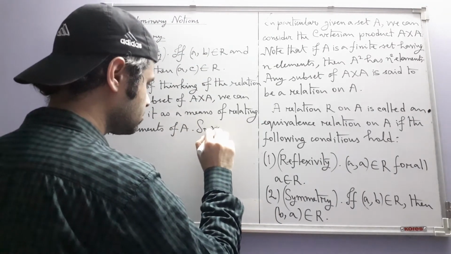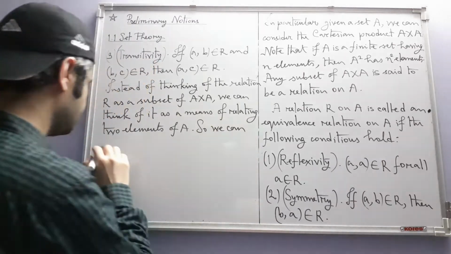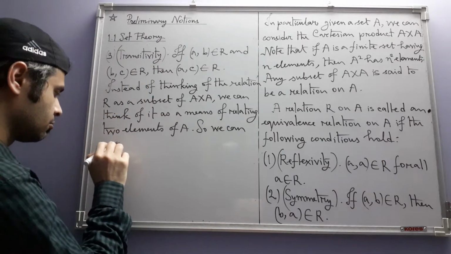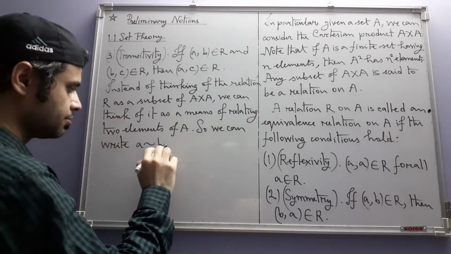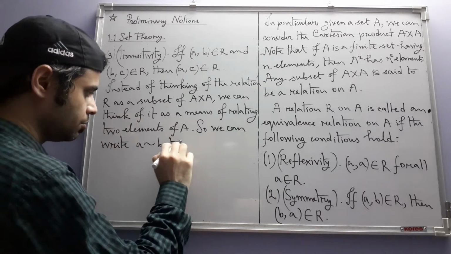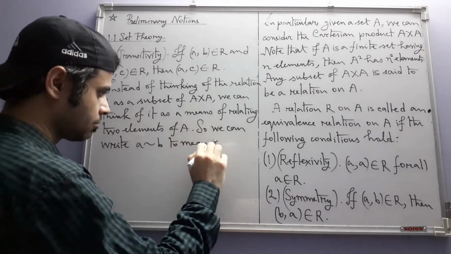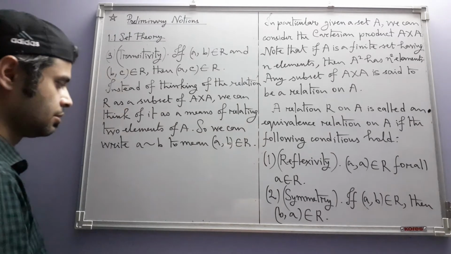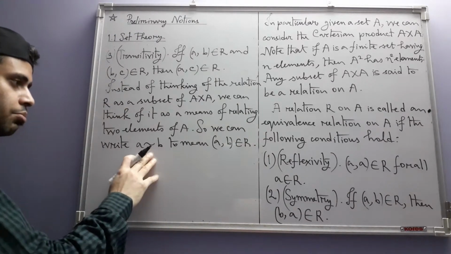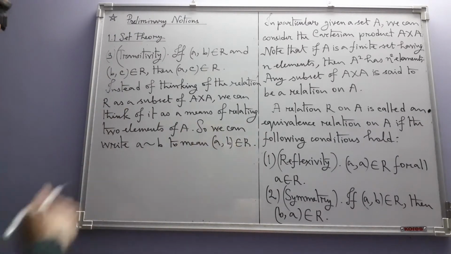So we can write this to mean this. This symbol is more neat than this.